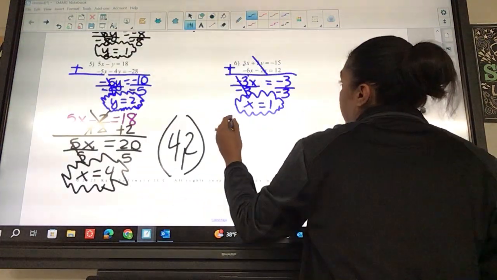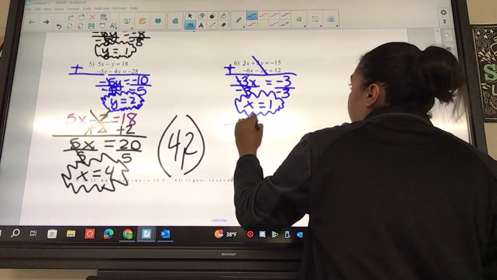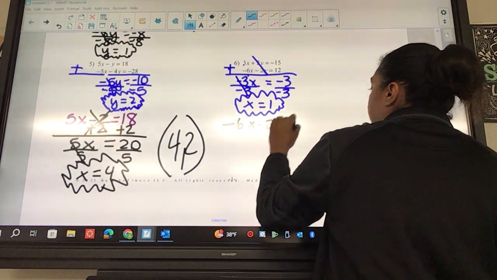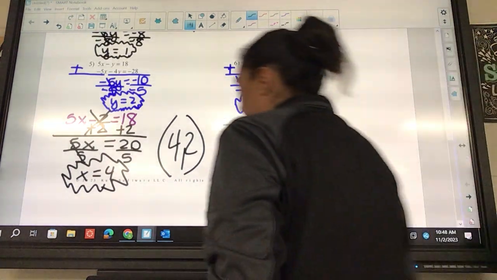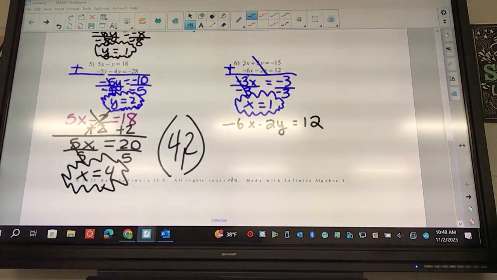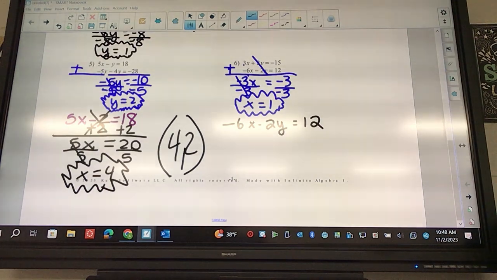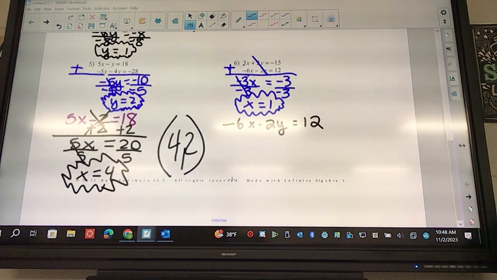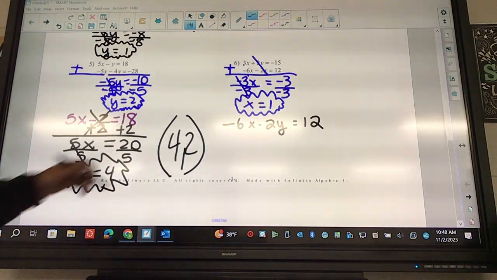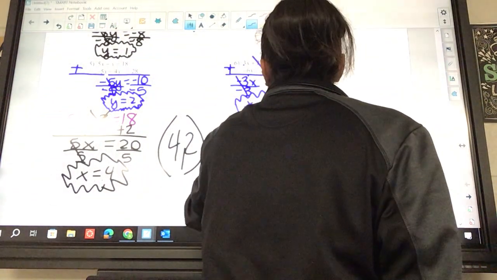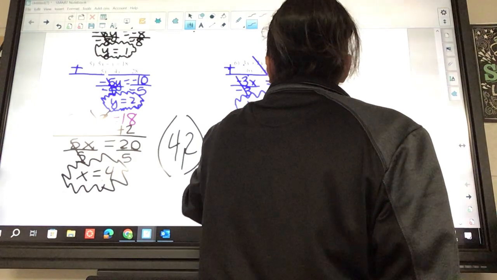If you did 1, it's okay. So you're going to get -6x minus 2y equals 12. Which one did we find already? We found the x, so where the x is at, we're going to erase it and put what instead? A 1. And if you don't like the erase, you can do this and put a 1.